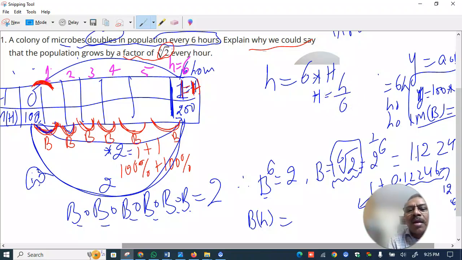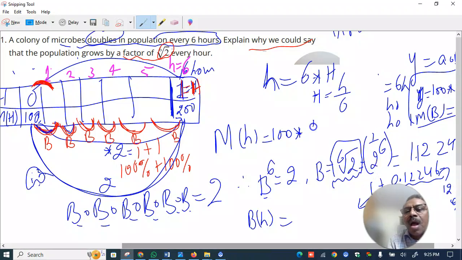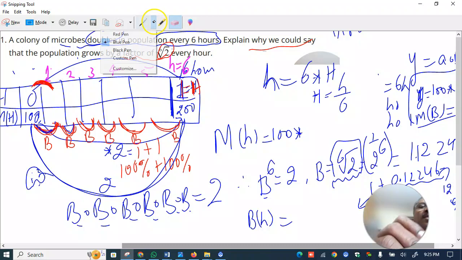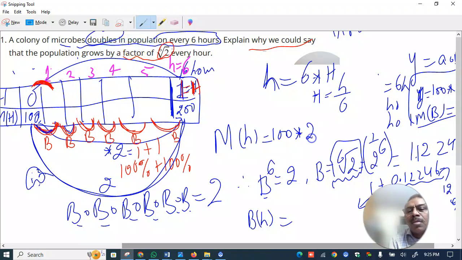So that means we can create another function, number of microbes with each hour, like this way. In the beginning you had 100, and the growth factor that we got is 2 raised to 1/6. So 2 raised to 1/6 and raised to h.